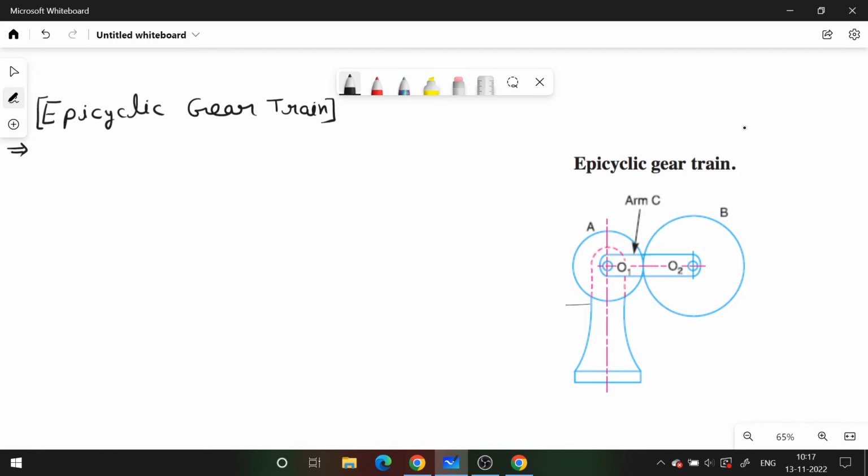In this case, gear B rolls about gear A. Whenever the axis or shaft of a gear rotates about another gear, this type of gear train is known as an epicyclic gear train.